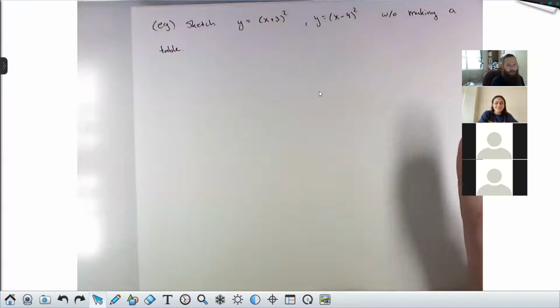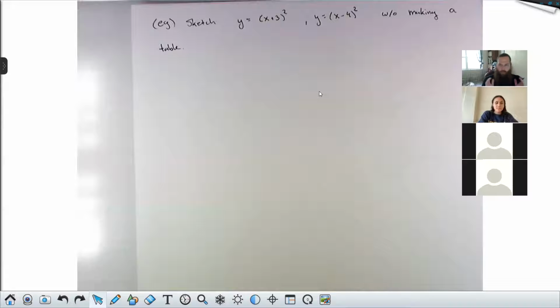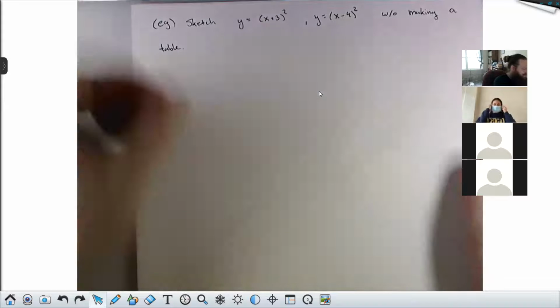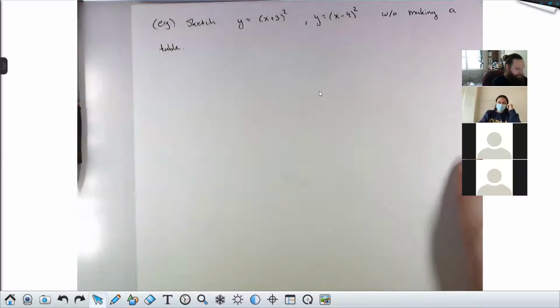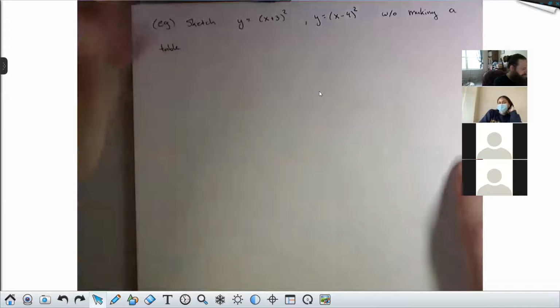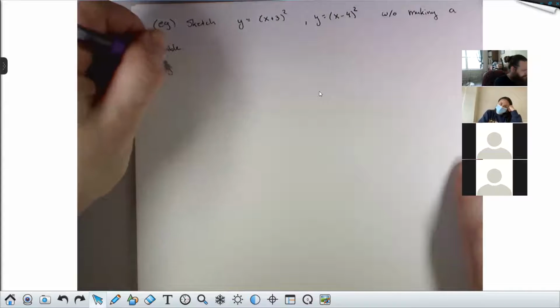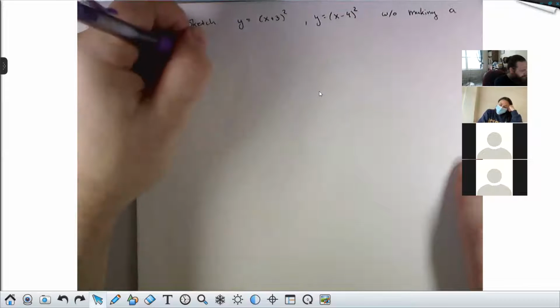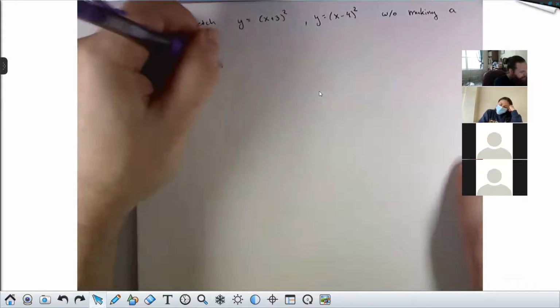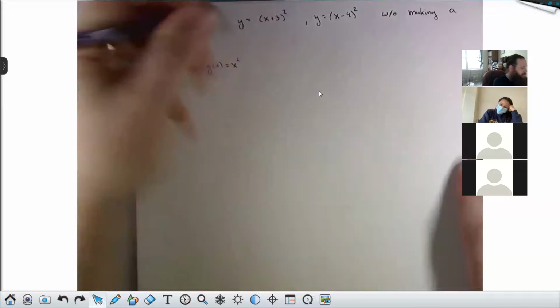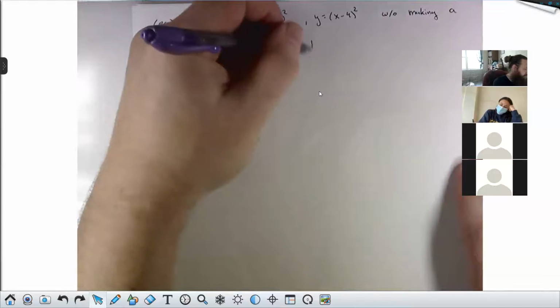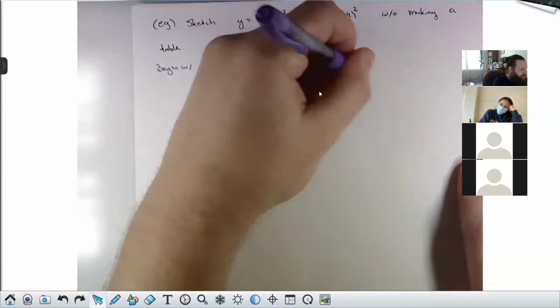All right. I want to sketch the graph of y equals (x plus 3) squared and y equals (x minus 4) squared. And I'm going to do it without making a table. So I'm going to begin with my parent function g of x equals x squared, which I know looks like this.